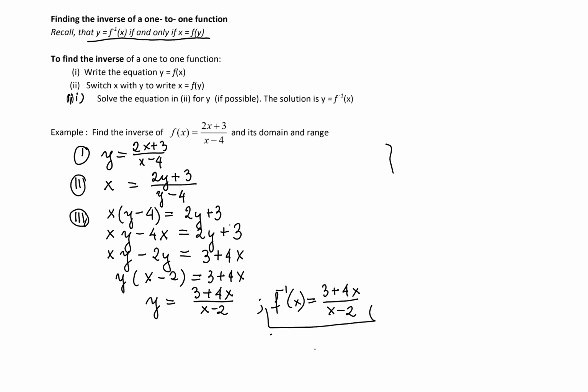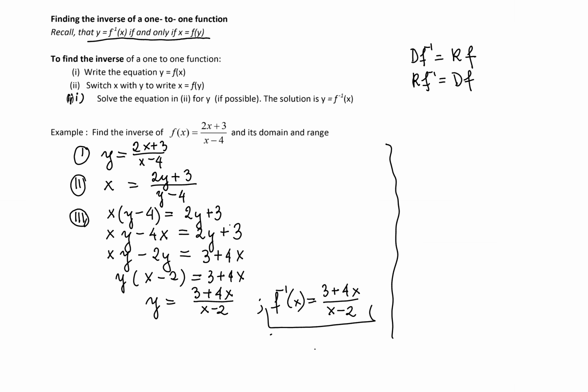As for the domain and range, we use the relationship between the domain and range of the function f and f inverse. We know that the domain of the function f inverse is the same as the range of the function f, and the range of the function f inverse is the same as the domain of the function f.